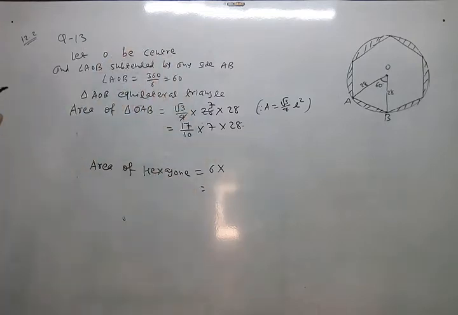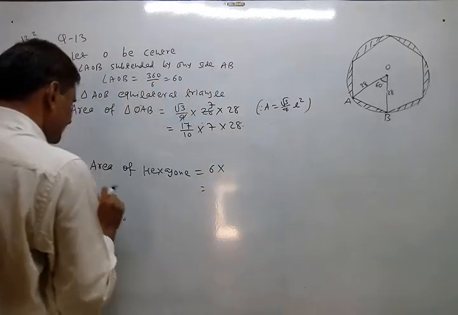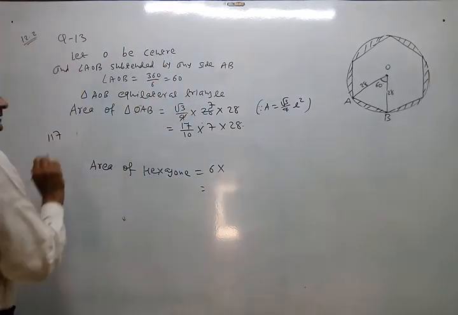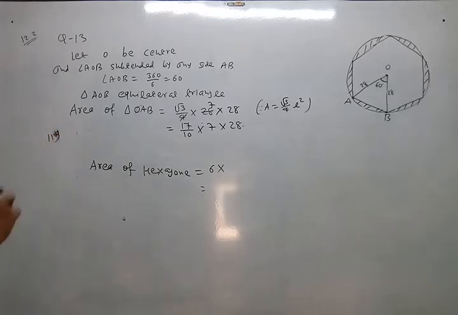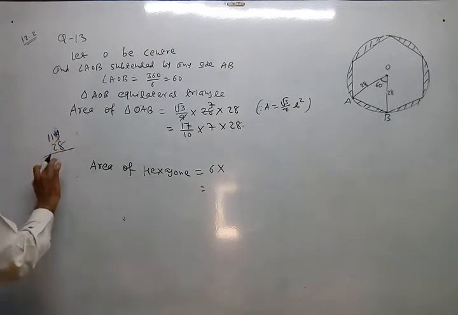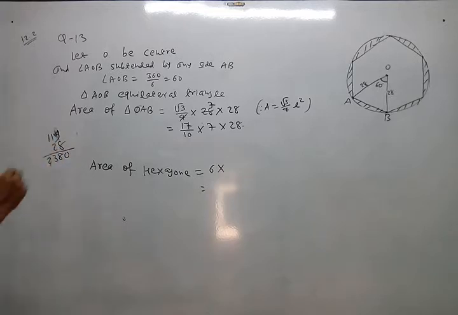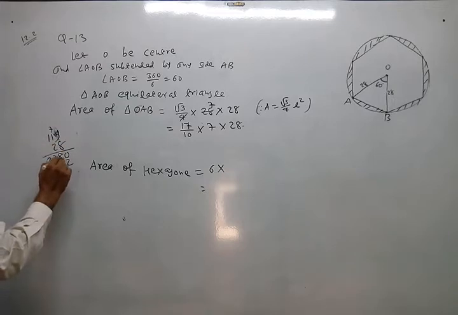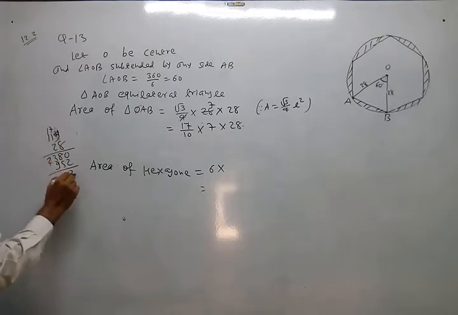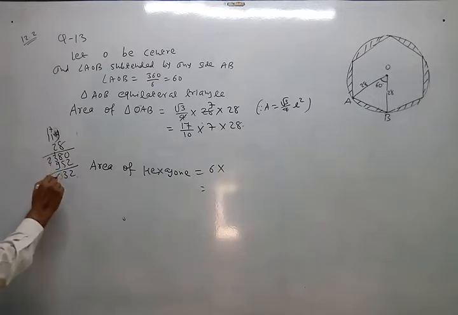Now, 17 sevens are 119, into 28. So it is 238, then 8 nines are 72, and so on.